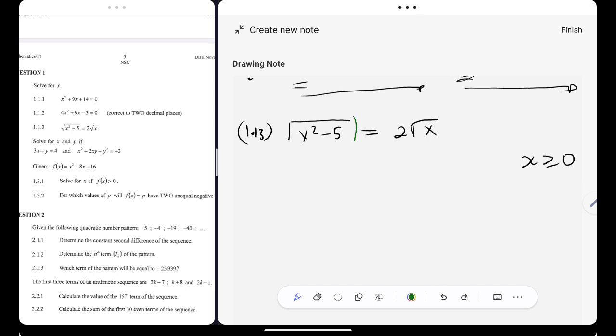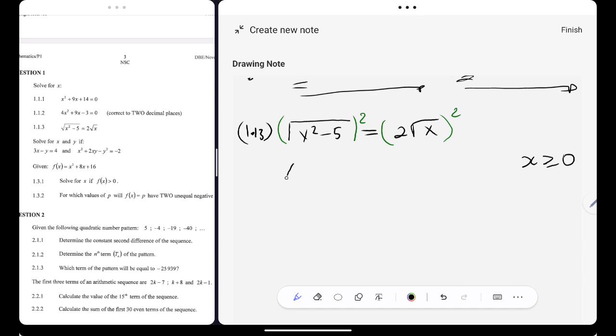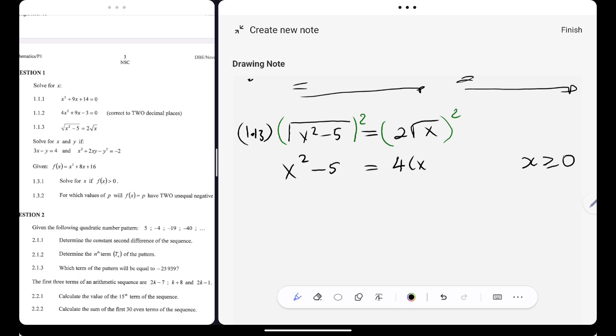The first thing I must do whenever I solve is to remove the surds, and whenever I do so, I must put the square roots on both sides. Here I'll have 4 multiplied by x. Now there are no surds, there are no brackets. All I need to do is to put everything in standard form.